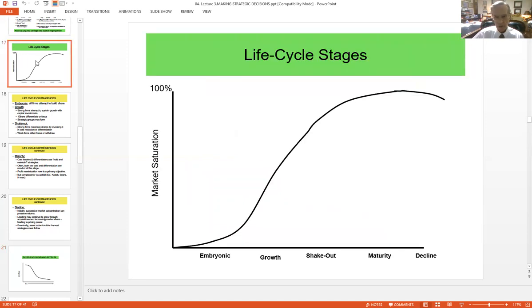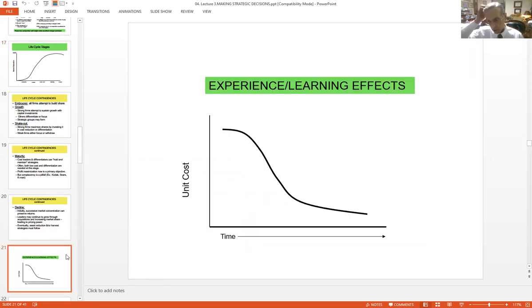First of all, my sloppy life cycle curve, where we see the industry going through growth. As this happens, companies that ride this curve gain experience. And with that experience comes efficiency and lower cost. And so we see this inverse curve. Now, I drew this one a little better.